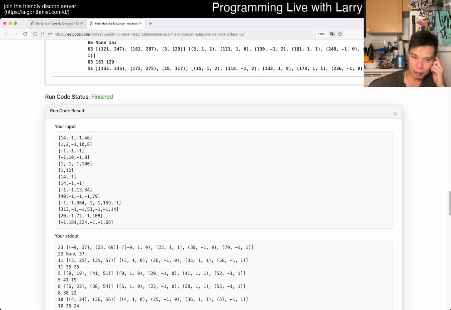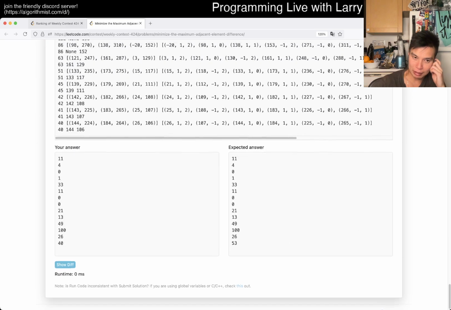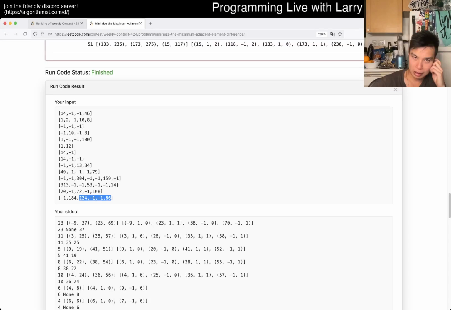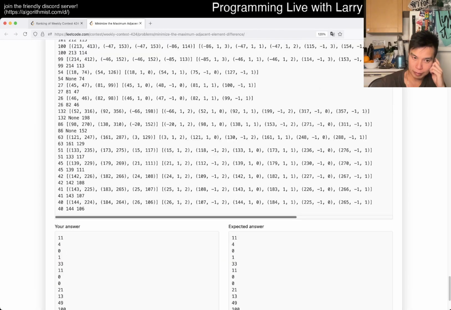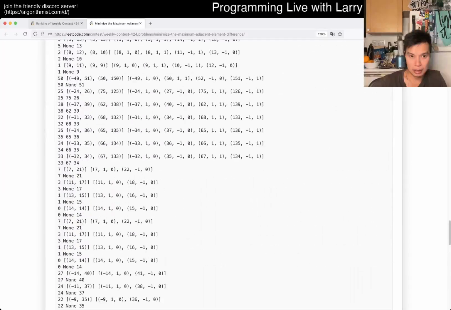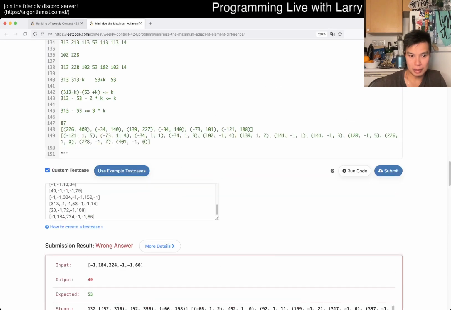Okay, so there's a double thing again, which is probably where I'm messing up. I put 40, expected is 53. I mean, this part is good, but okay. So it thinks that the numbers are this, but that doesn't even make sense. Okay.